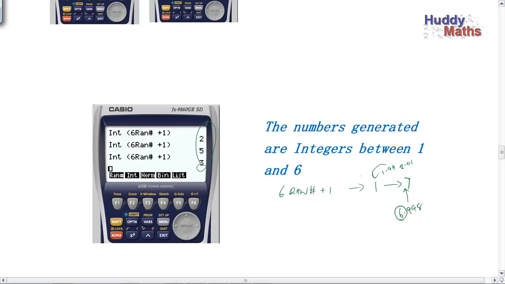Hey, that's not bad because guess what? 1 to 6 are the numbers you get from a die. So here's a nice electronic simulation of rolling a die if you kept doing this. You might like to do it and see how many rolls it takes to get close to the a priori theoretical probability of 1 in 6. Okay.